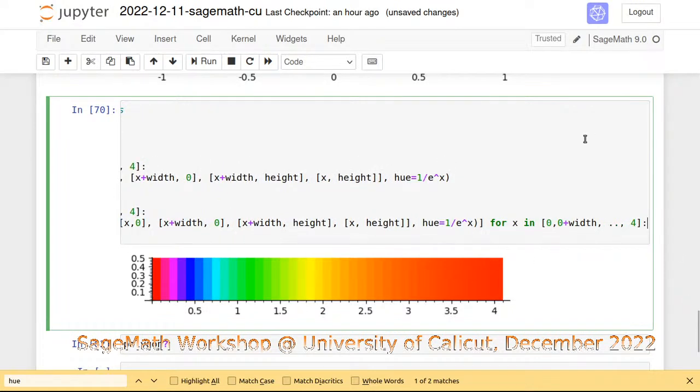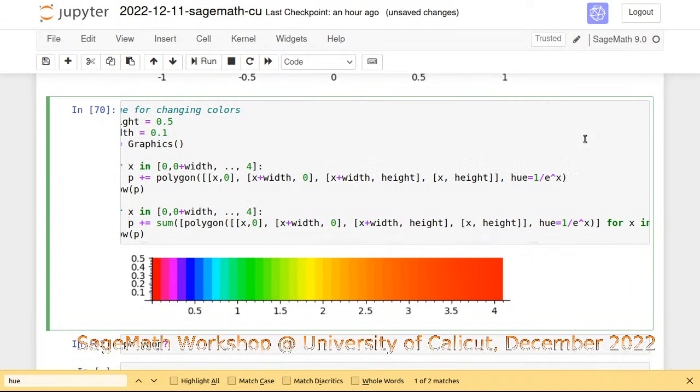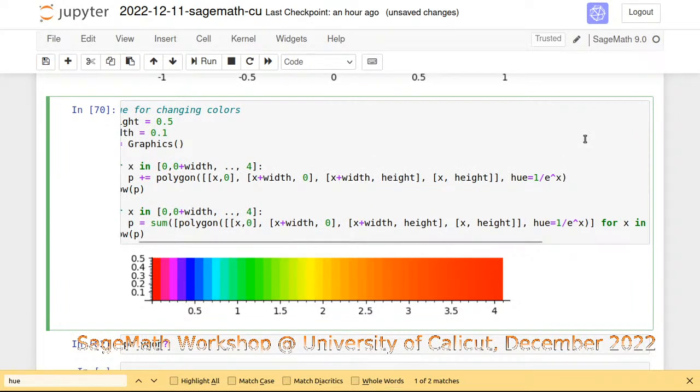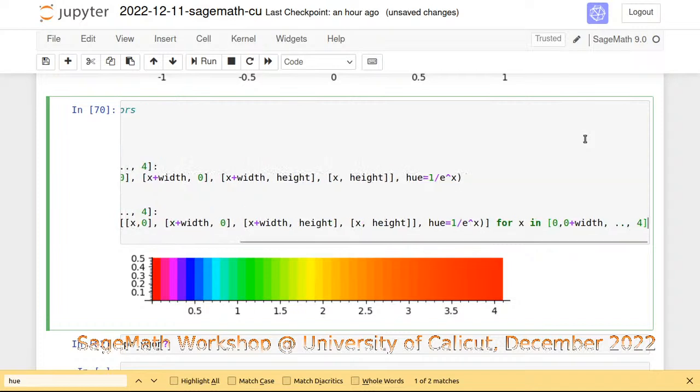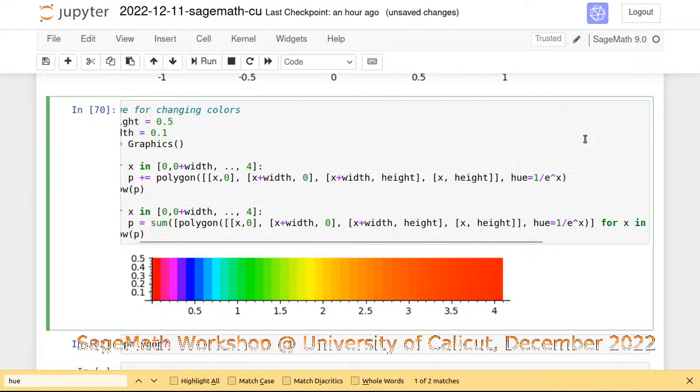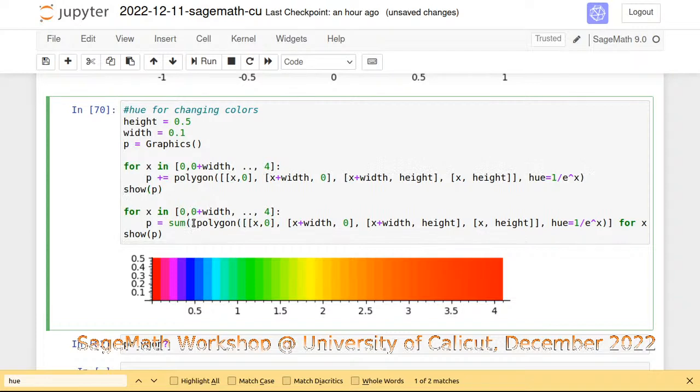This also should work. Let me just see, otherwise I will give P1 instead of P. Okay, what is this?